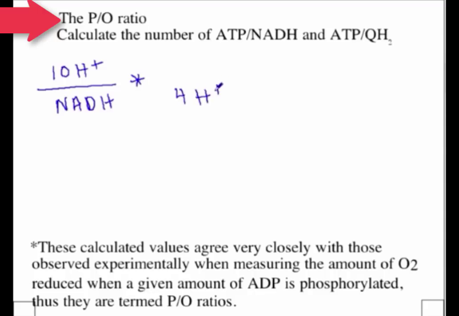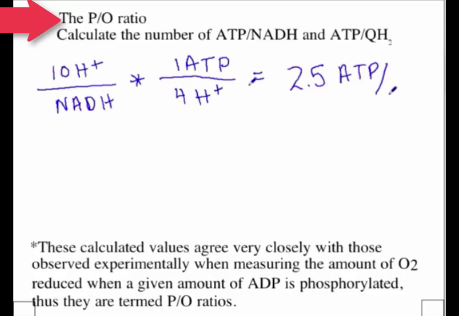So let's set up our ratio so that we can cancel units, because that's just fun. We remember it took 4 protons to make 1 ATP when we account for all of the needs for transport and whatnot. And when we go through the math here, we get something that looks pretty familiar to you guys. 10 divided by 4 is 2.5 ATP per NADH. You already knew that number.